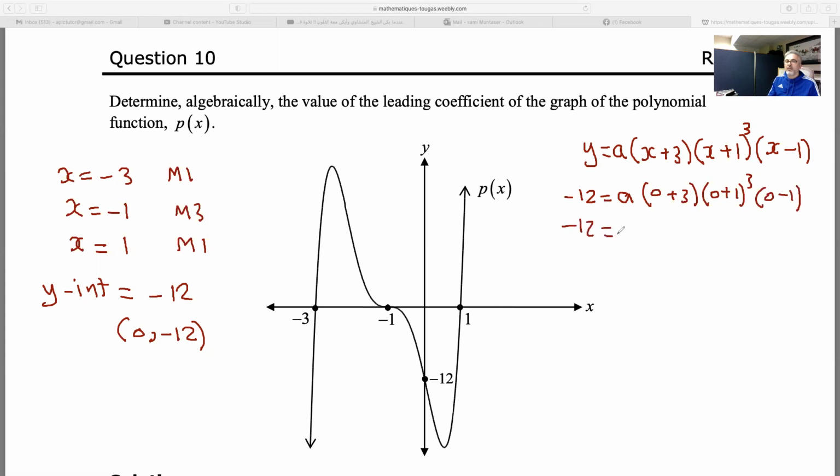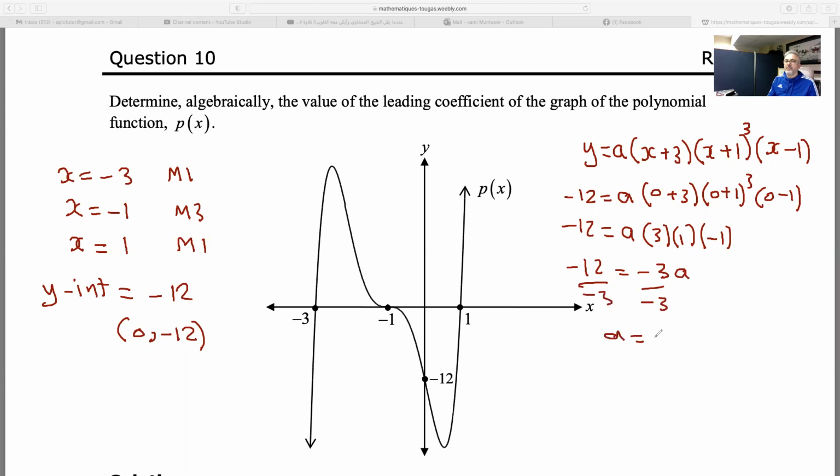Negative 12 equals a. 0 plus 3 is 3. 0 plus 1 is 1. 1 cubed is 1. If you wish, I'll write the step: 1 cubed is just going to be 1, and then negative 1. So negative 12 equals 3 times 1 is 3, times negative 1 is negative 3. That gives me negative 3a. Divide both sides by negative 3.